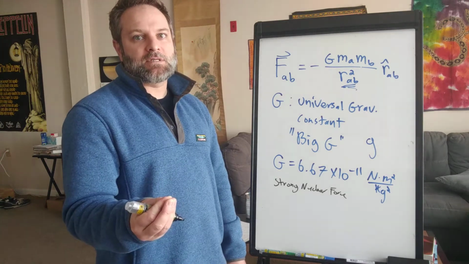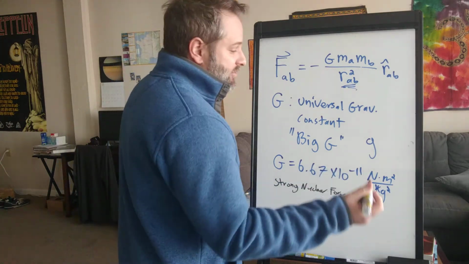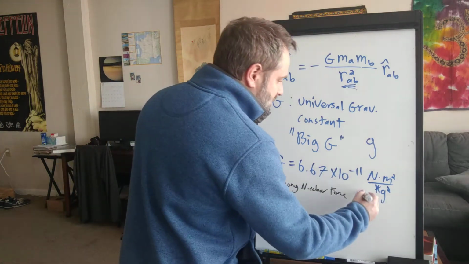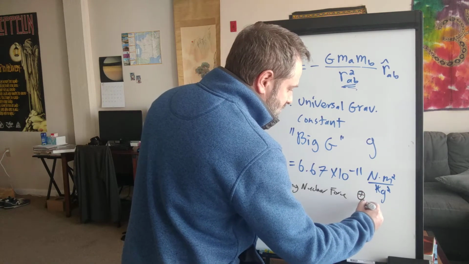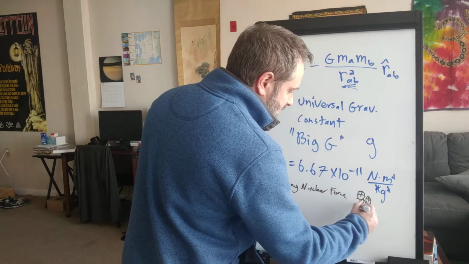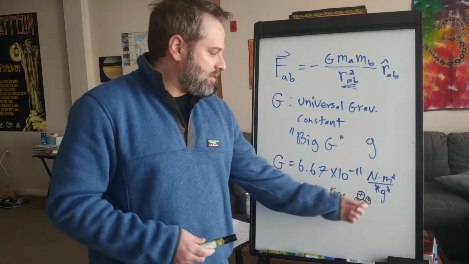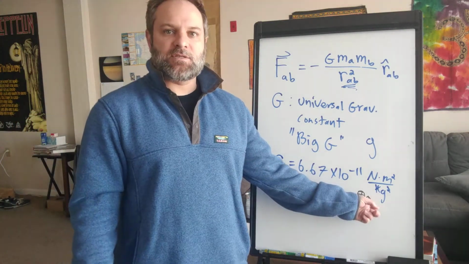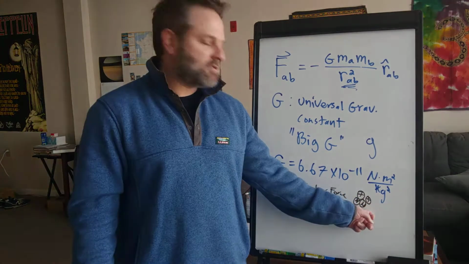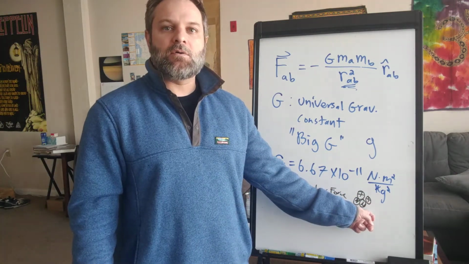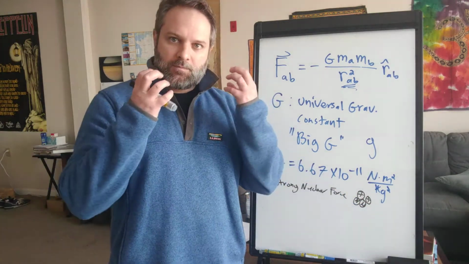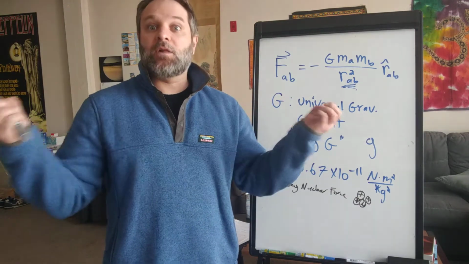If you've ever thought about the nucleus of an atom, and you know that it's composed of protons and neutrons densely packed together, you might think, well, how can it be that two positively charged particles are held together even though we know that particles of the same charge repel each other?